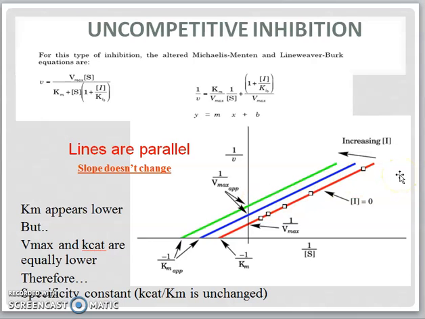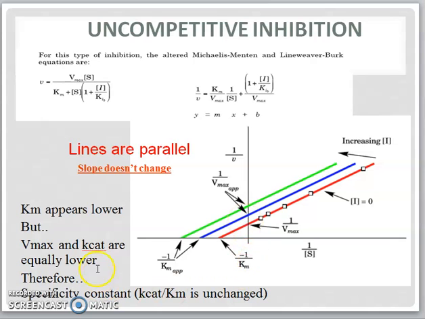For the uncompetitive inhibition, you can see the pattern of the Lineweaver-Burk graph here. The lines will be parallel, so the slope will not change. But the values of Km and Vm will be different.